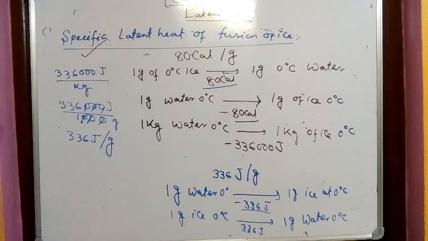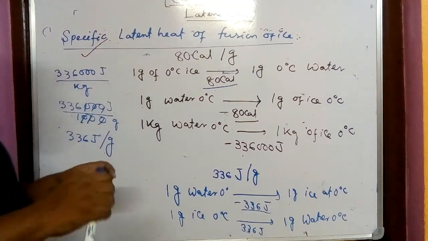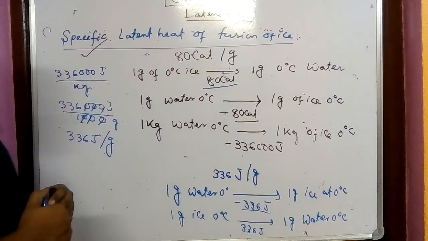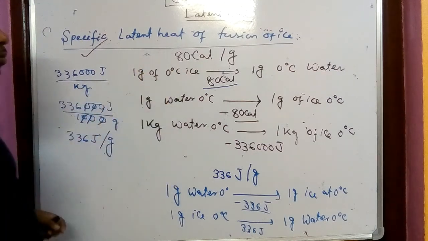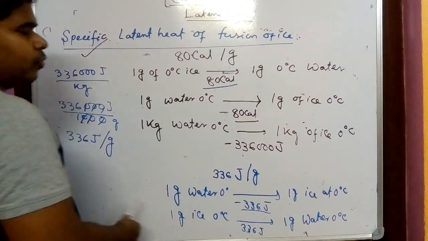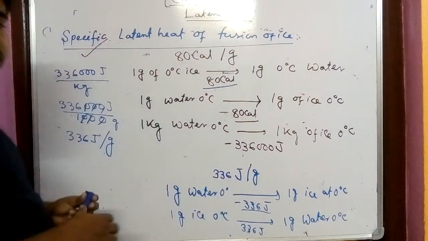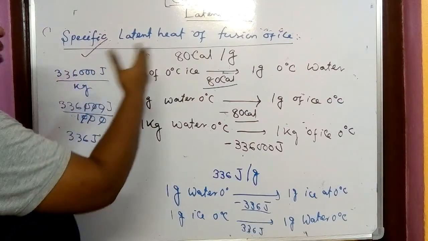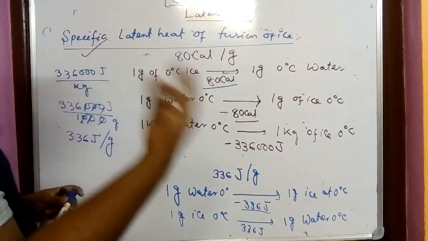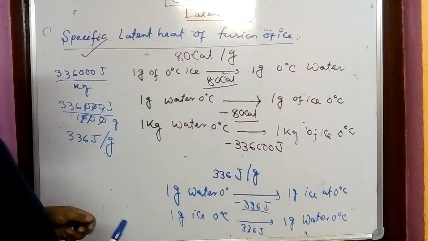So this is the example of specific latent heat of fusion, and these values you have to remember. If you have not remembered, it will also be given in numericals, but better you remember them. Mainly these two values: 336,000 joule per kg, that is the specific latent heat of fusion of ice, or in another way 80 calorie per gram.